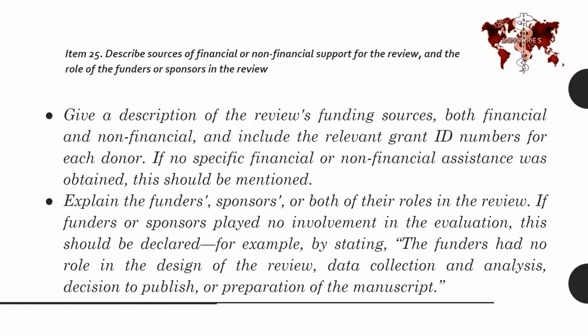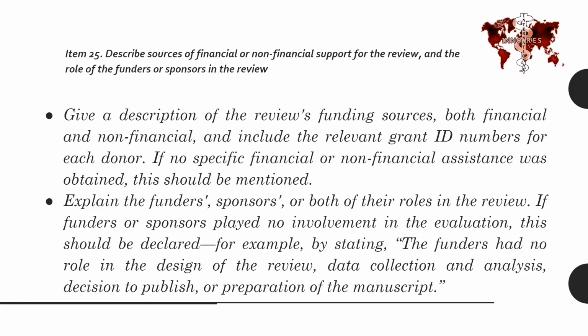So it is very important that authors mention and describe the sources of their support, all support, whether financial or non-financial, and they also give a description of the funders' roles in the review.